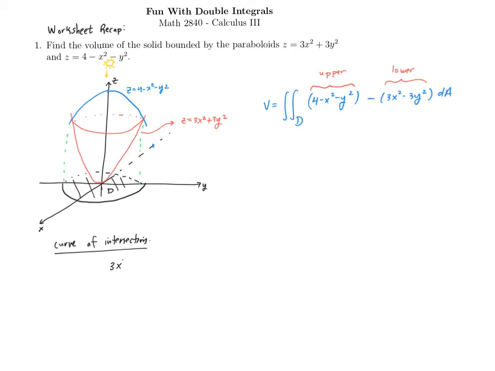So when is 3x squared plus 3y squared equal to 4 minus x squared minus y squared? We can add x squared and y squared to both sides, and we can also divide both sides by 4. So our curve of intersection would be a circle of radius 1 centered at the origin.